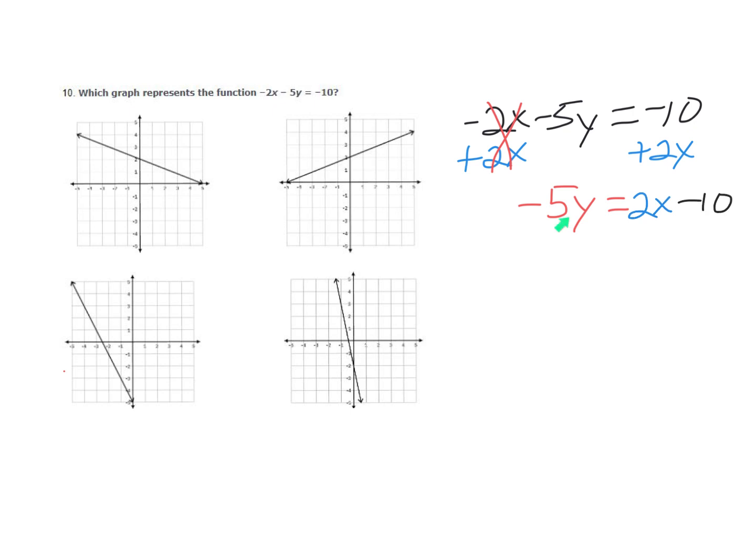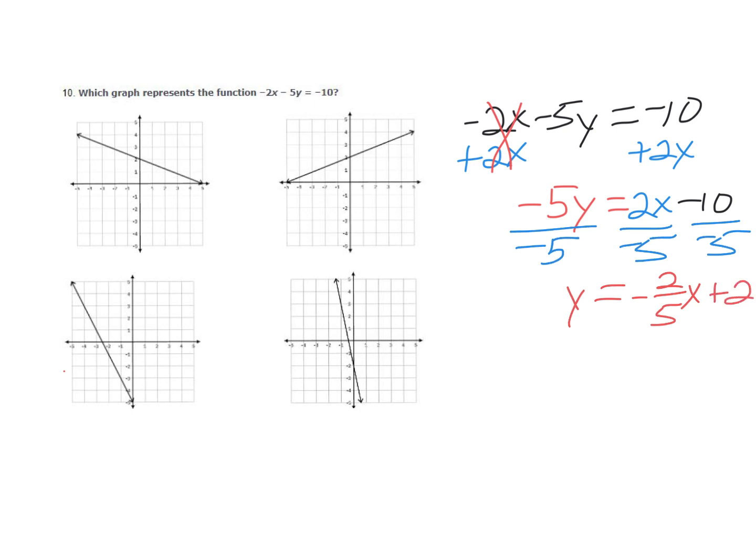Finally, in order to solve for y, we're going to divide by the exact same number, the coefficient with y, which is negative 5, so that equals just 1y. If we divide by negative 5, we divide everything by negative 5. Our new equation is y equals negative 2/5 x plus 2.